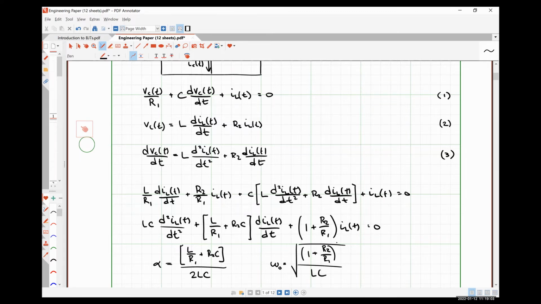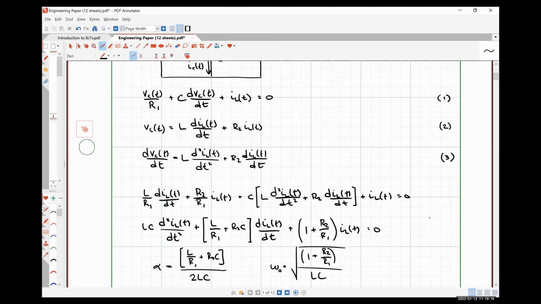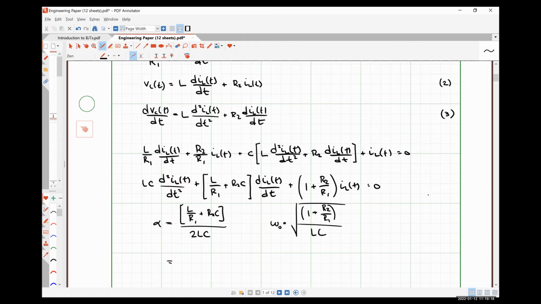So let's take a moment to plug in our values and calculate what these coefficients are. Let me scroll up here. So we're going to have 2 henries divided by R1, so 0.5, plus R2, which is 1, times C, which is 0.25, I believe.